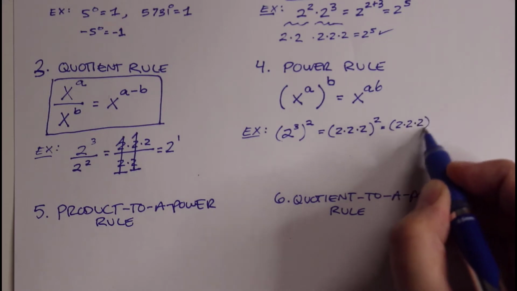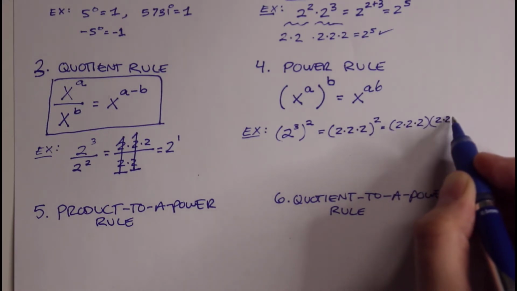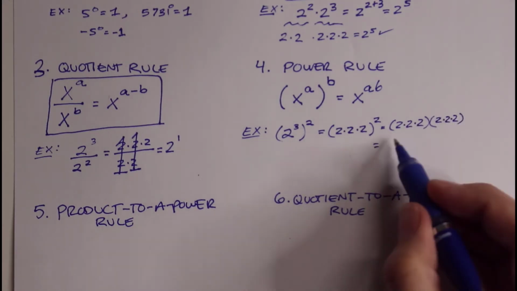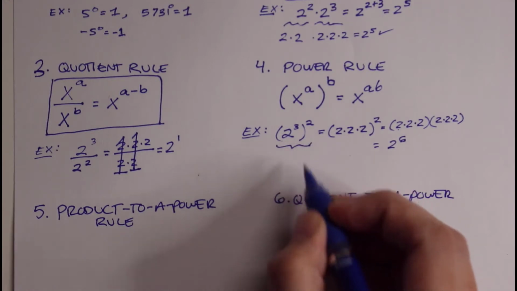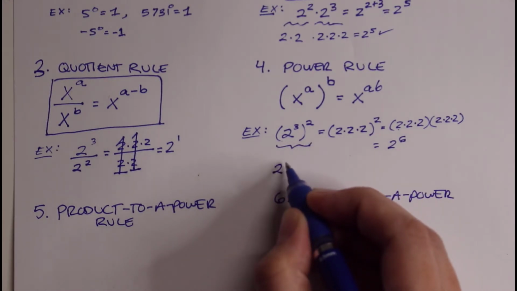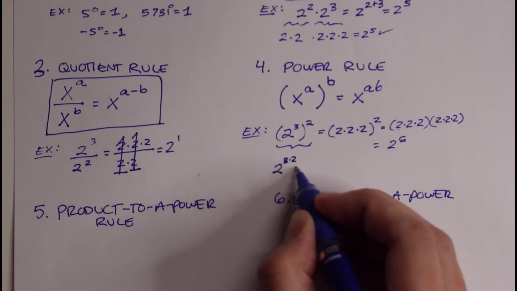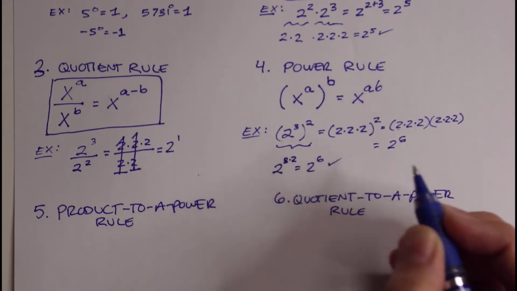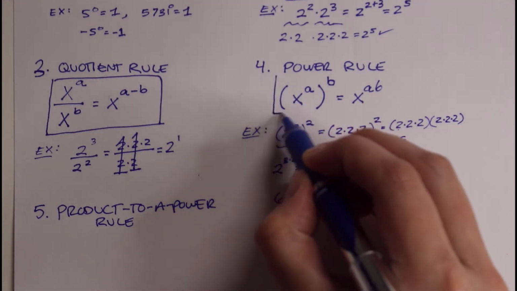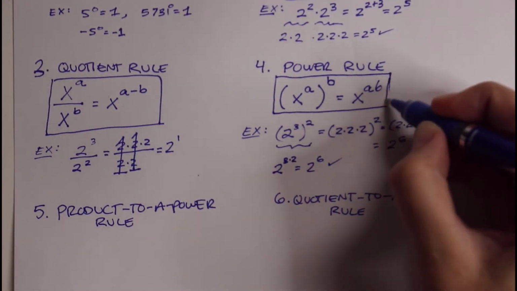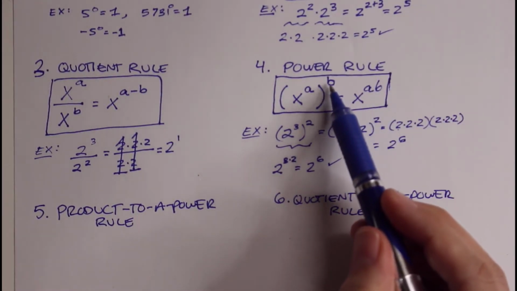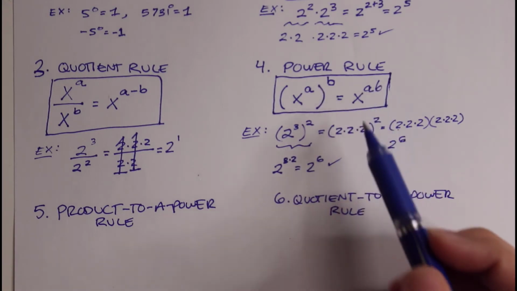So if I expand this and I start counting, I have 2 6 times. And so the shortcut would have been for me to say from the beginning that this is 2 to the 3 times 2 power, or 2 to the 6th. Okay, so when you have a base raised to an exponent or power, and then you have that quantity raised to an exponent or power, you multiply.